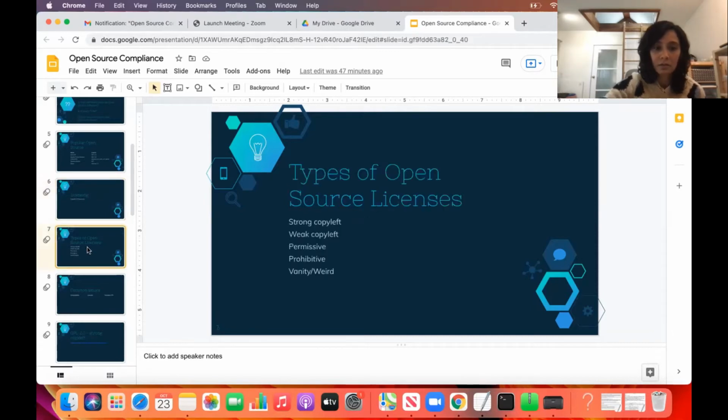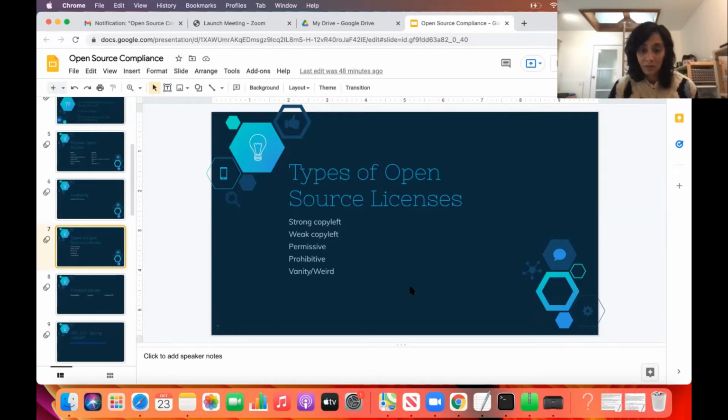Let's see here. Okay, so to go further into types of licenses, there are strong copyleft licenses, weak copyleft licenses, permissive licenses, prohibitive licenses, and vanity and weird licenses. So an example of a strong copyleft license is the Affero GPL license, or the AGPL license, or the GPL family of licenses.